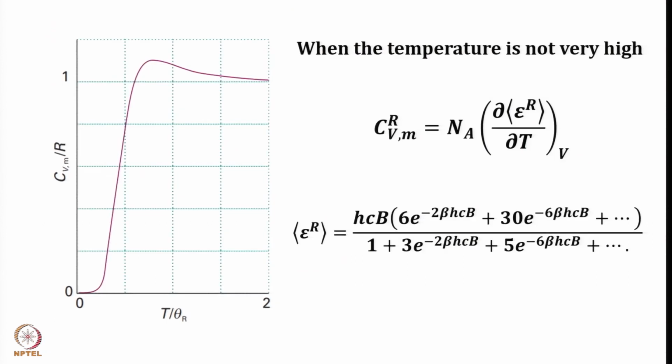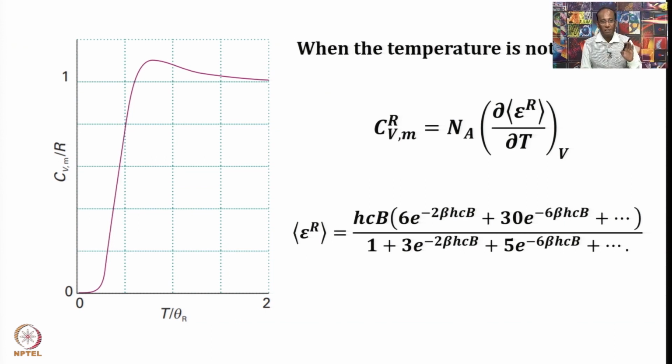Now, if the temperature is not high, then how do we deal with it? If the temperature is lower than the characteristic rotational temperature, then the expression for mean energy is this cumbersome expression which we have discussed earlier in the previous lectures. You have to take the temperature derivative of this, and then the expression for heat capacity will be further cumbersome. Remember that this expression has been obtained based upon the rotational partition function by the direct summation method.